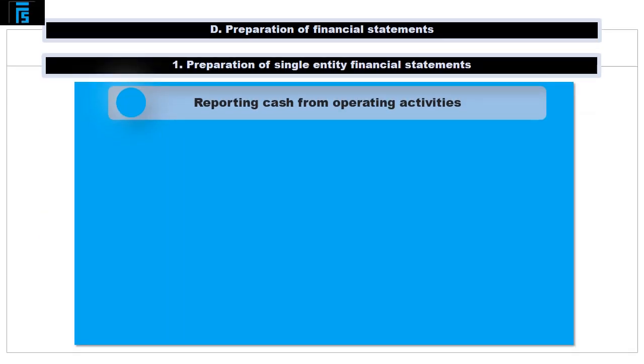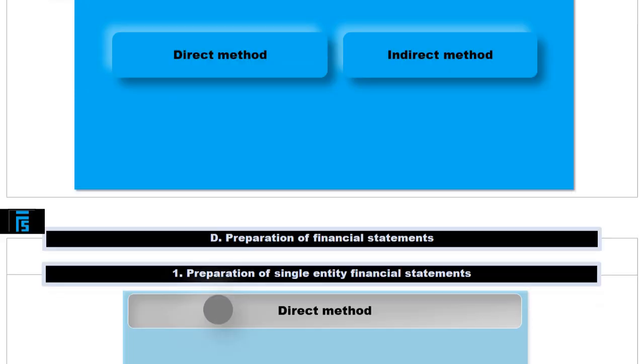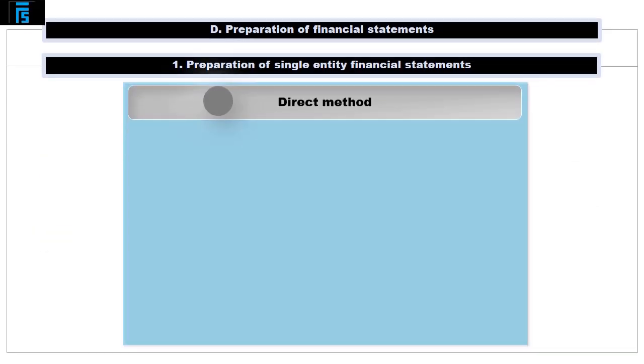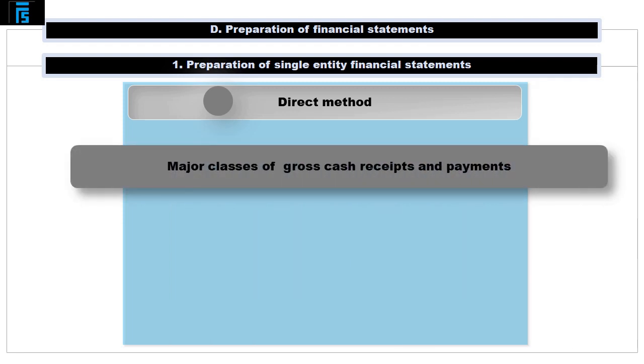As you already know, cash flows from operating activities may be reported using the direct or indirect methods. Under the direct method, which will be our focus in the remainder of this video, major classes of gross cash receipts and gross cash payments are presented.